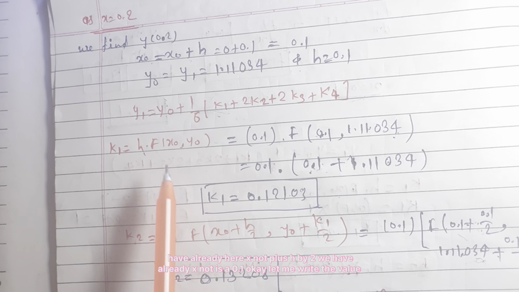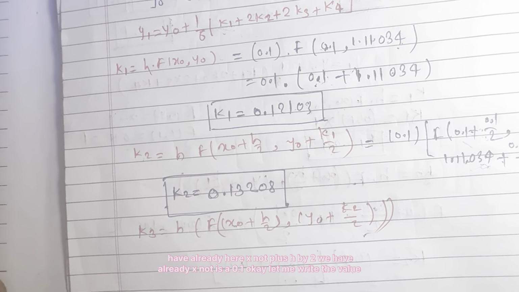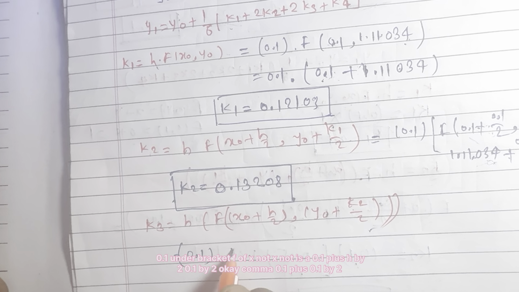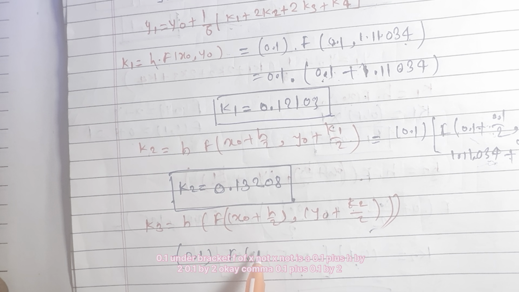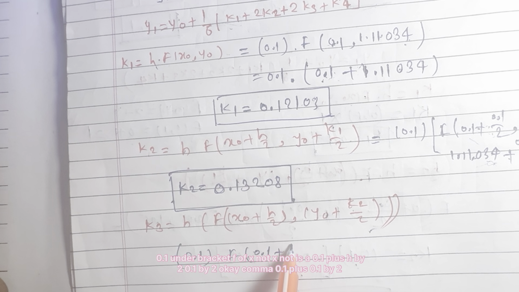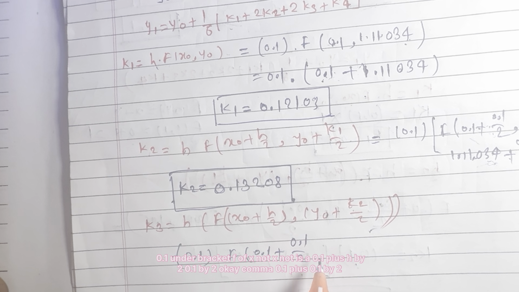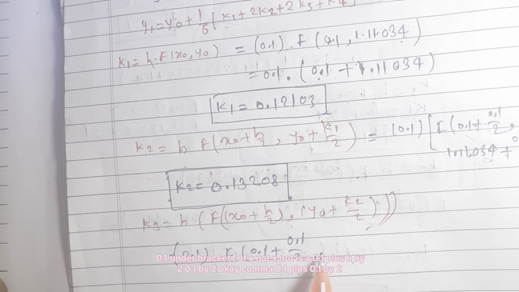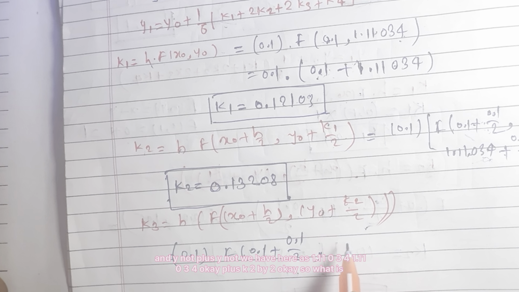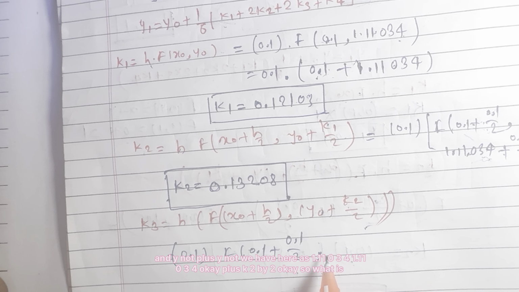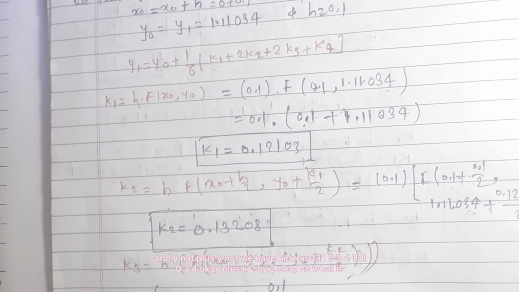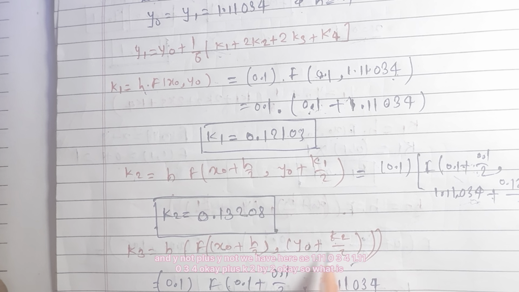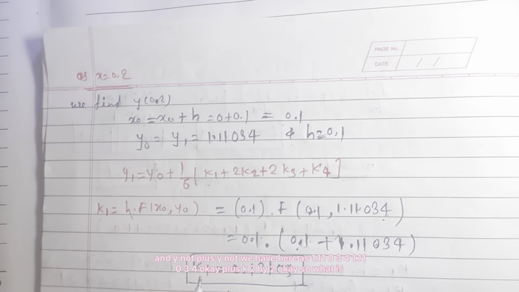x naught plus h by 2, we already have x naught as 0.1. Let me write the value 0.1 under bracket: f of x naught is 0.1 plus h by 2, 0.1 by 2, comma y naught we have here as 1.11034, plus k2 by 2. What is the k2?